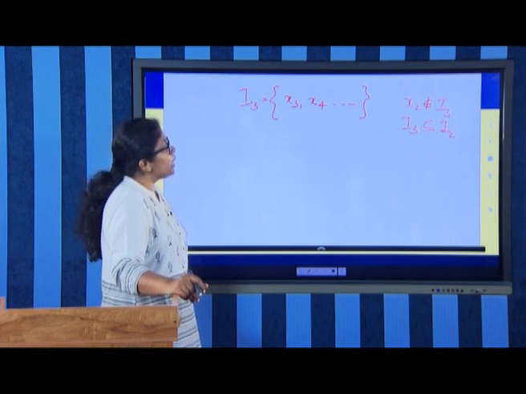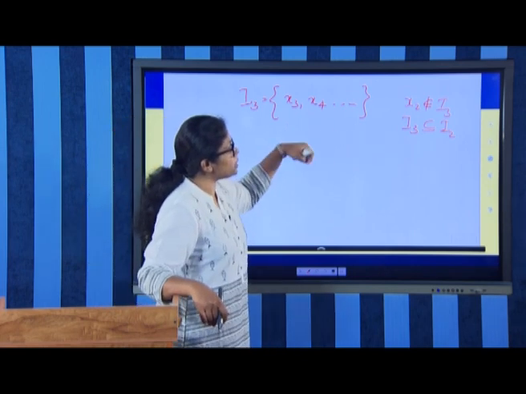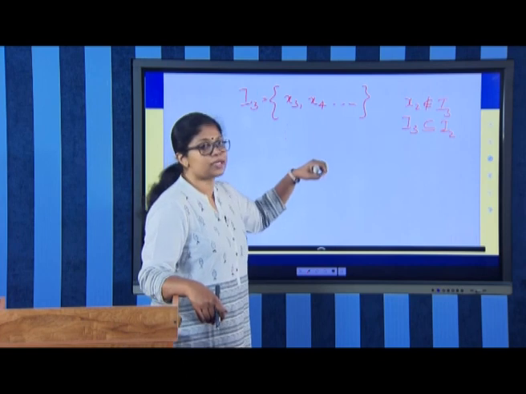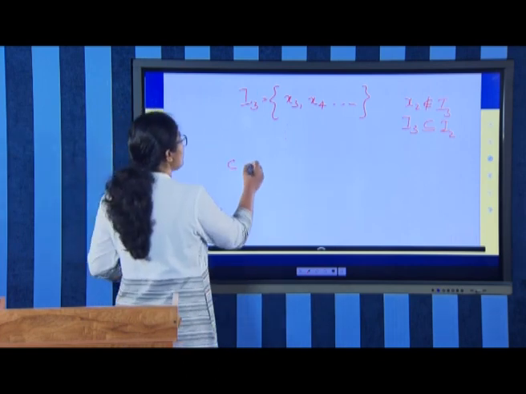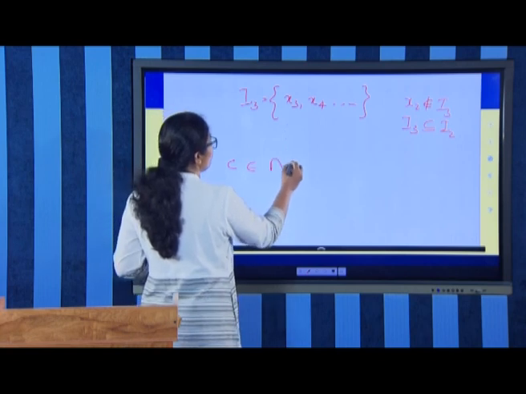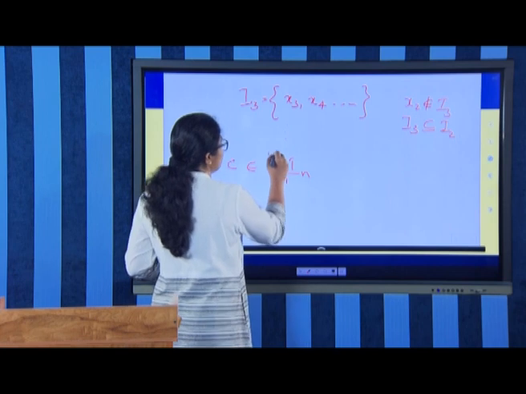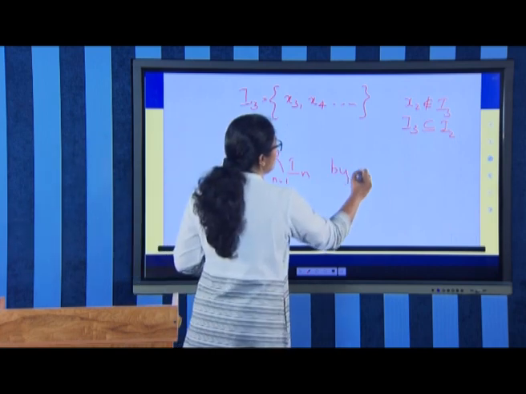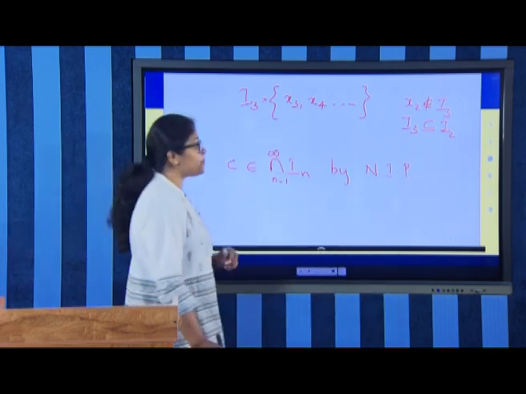So, the nested interval property ensures that these I1 containing I2, containing I3, containing etc. should have something in common. So, we have some C belonging to the intersection of In for n equal to 1 to infinity by nested interval property. But then what happens?